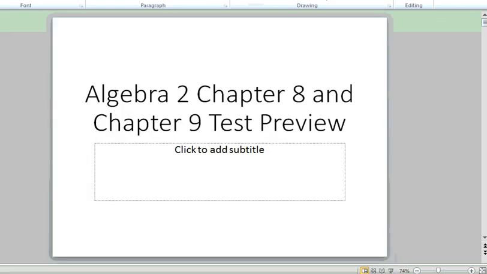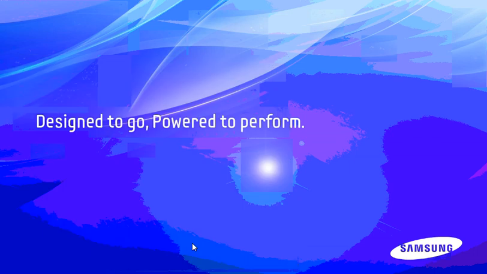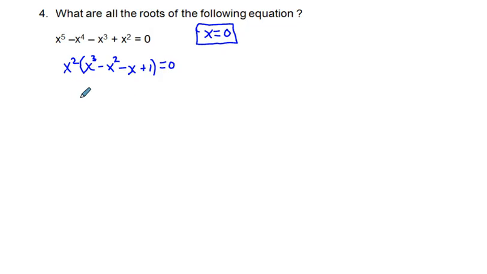So just by graphing, x equals -1 and x equals 1. Now, sometimes multiplicities can be an issue here. I don't think we're being asked about that. So there's number 4.